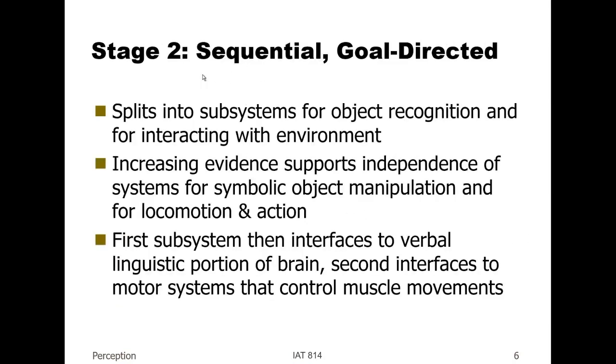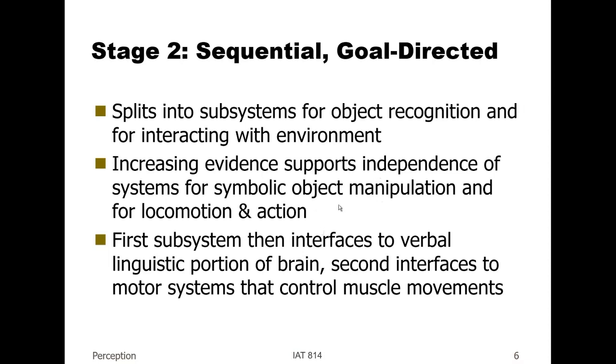At stage 2, which takes its information from the outcome of stage 1, it splits into subsystems for object recognition and for interacting with the environment. There's increasing evidence in the perception literature that supports the independence of a system for symbolic object manipulation and another system for locomotion and action.